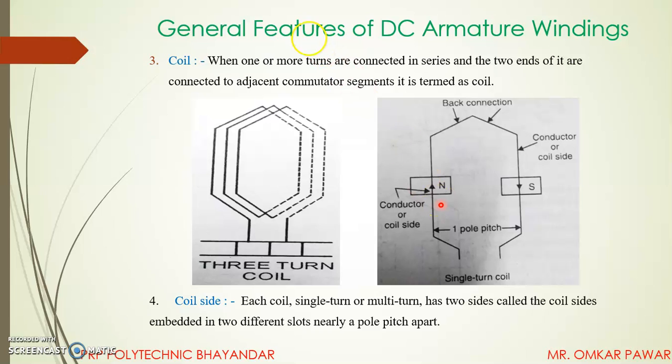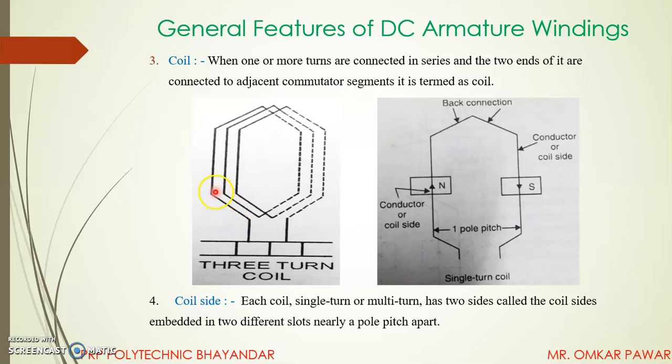Third one is the coil. When one or more turns are connected in series and the two ends of it are connected to adjacent commutator segments, it is termed as a coil. So this is a commutator segment. Suppose these are commutator segments one, two, three, separated by mica insulation. Suppose one conductor starts from commutator segment number one.